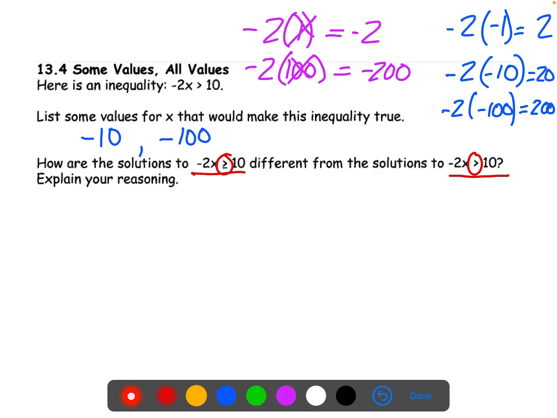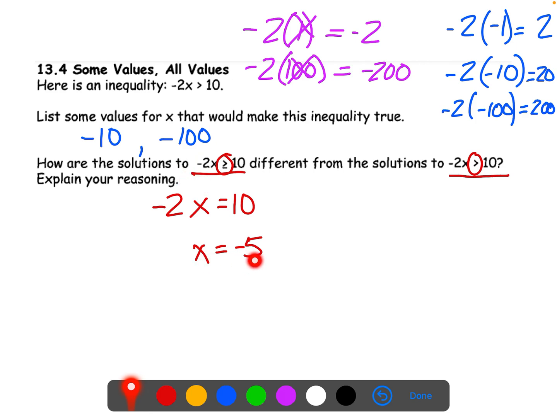So in this first one, our answer can equal 10. Let's think of what that would be. So it's negative 2x equals 10. What would x be here? It would be negative 5. So in this case, x equals negative 5. That is a possible choice with this inequality here.